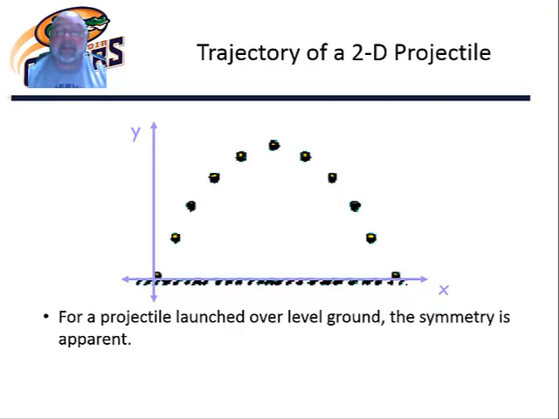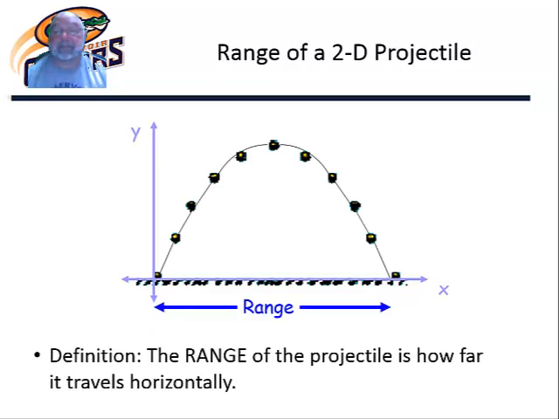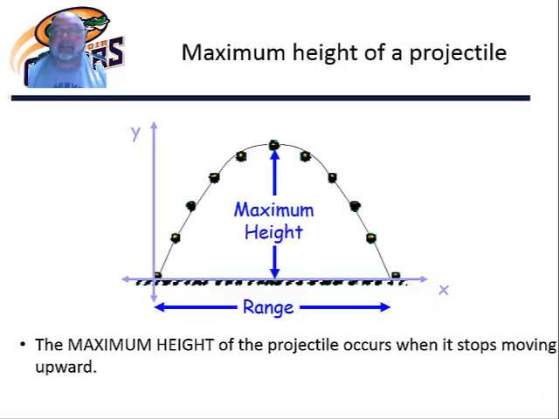You can see that the symmetry is apparent. The left side of the trajectory is a mirror of the right side. The range is how far the projectile travels horizontally. The maximum height, guess what, is how high it goes.